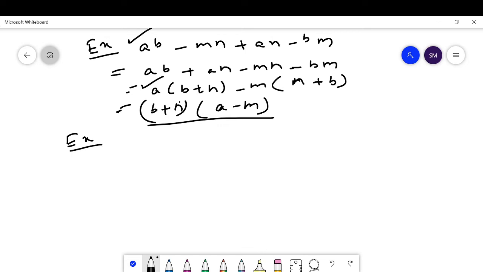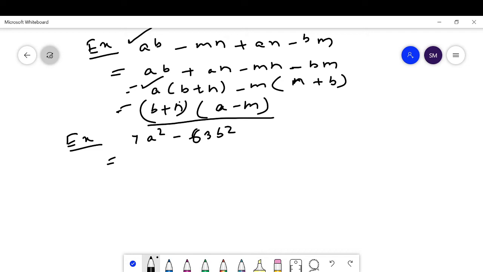Another example given here: 7a square minus 63b square. I have already told you, you must practice a variety of questions so that you feel comfortable in your exam paper. Whichever types of questions will be asked in your exam paper, you can do them if you have practiced more.